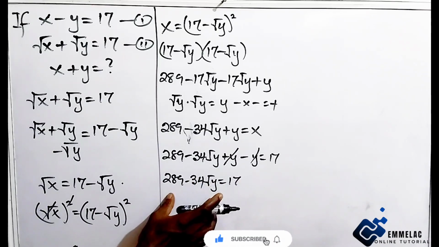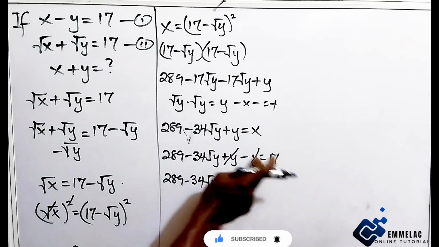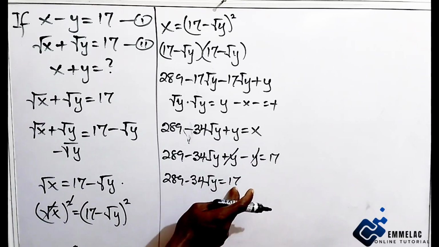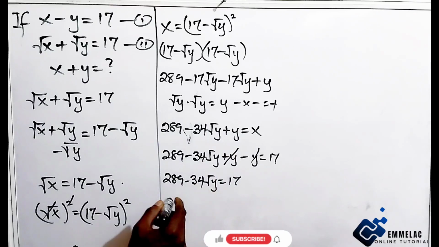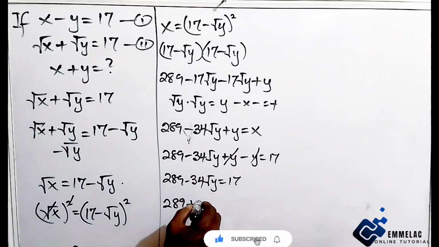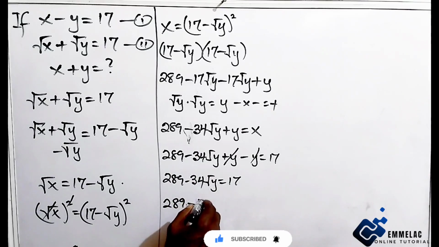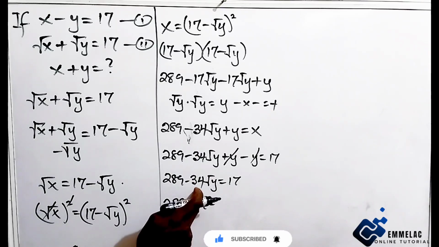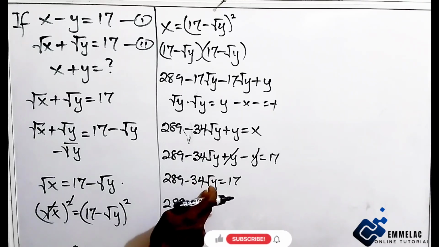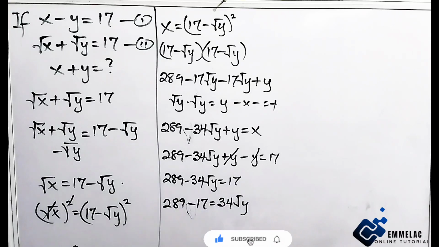Now let us take negative 34 square root of y to the left-hand side and bring 17 to the right-hand side. So we will have 289, now 17 coming over to the left-hand side becomes negative, then negative 34 square root of y moving across will give us positive 34 square root of y.